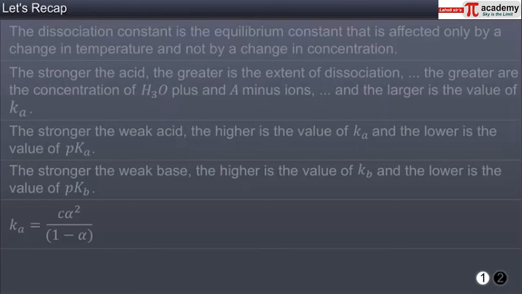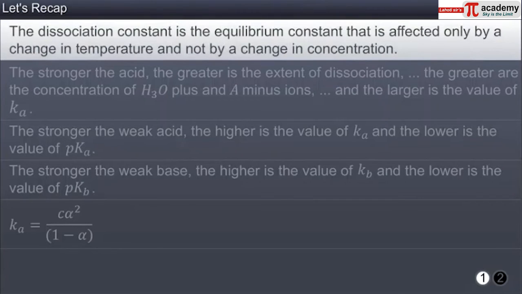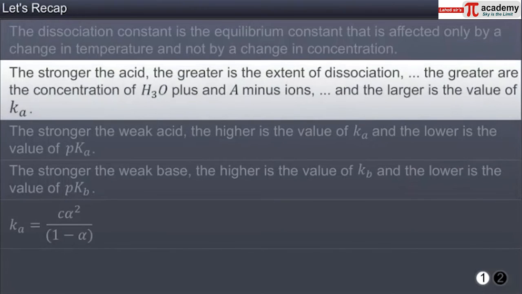You have now reached the end of this module. In this module, you learned that the dissociation constant is the equilibrium constant that is affected only by a change in temperature and not by a change in concentration. The stronger the acid, the greater is the extent of dissociation.